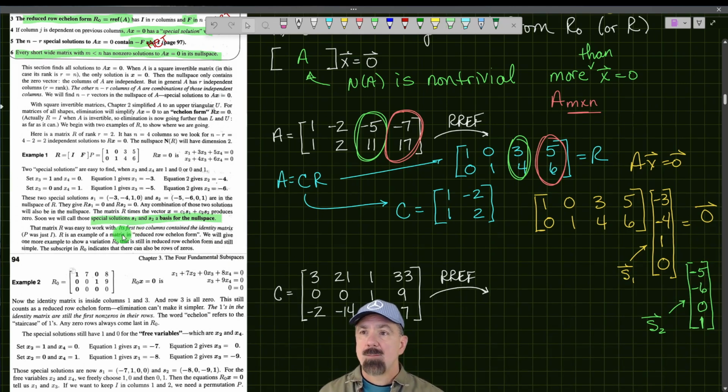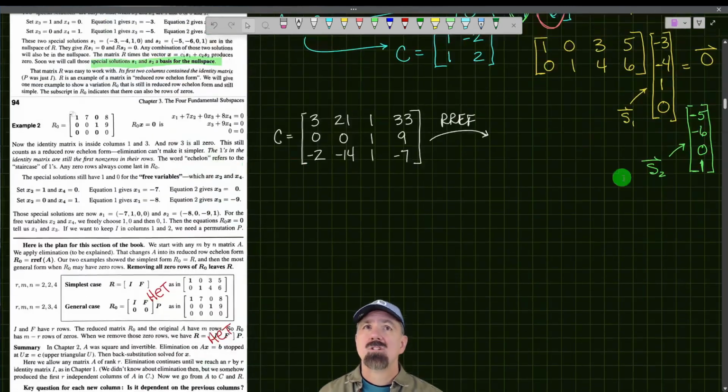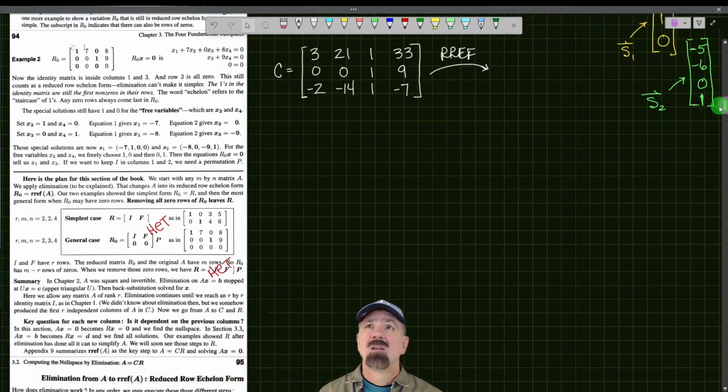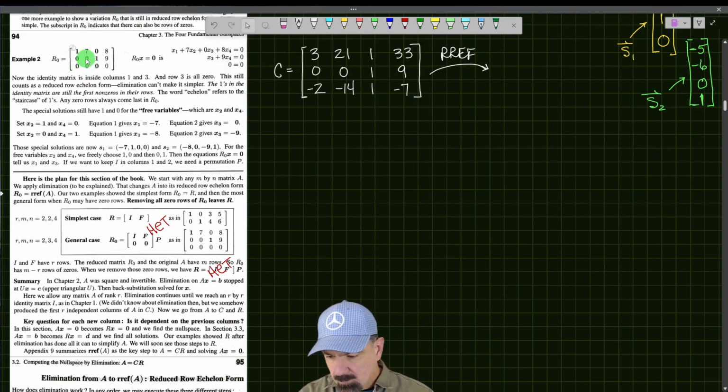Let's do another example. Let's take a look at example number 2 here. And again, I've just come up with a matrix that is going to give me this as the RREF. There are an infinite number of matrices, right? If you think about this RREF right here, and let me just write it down.